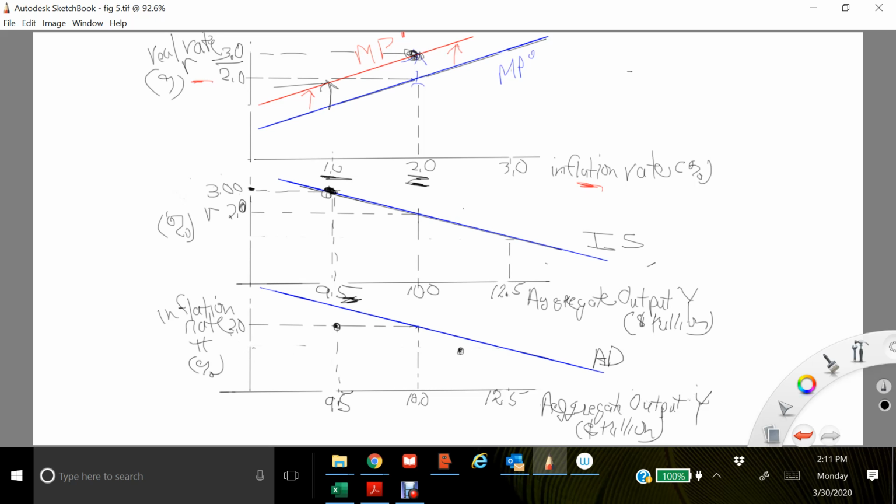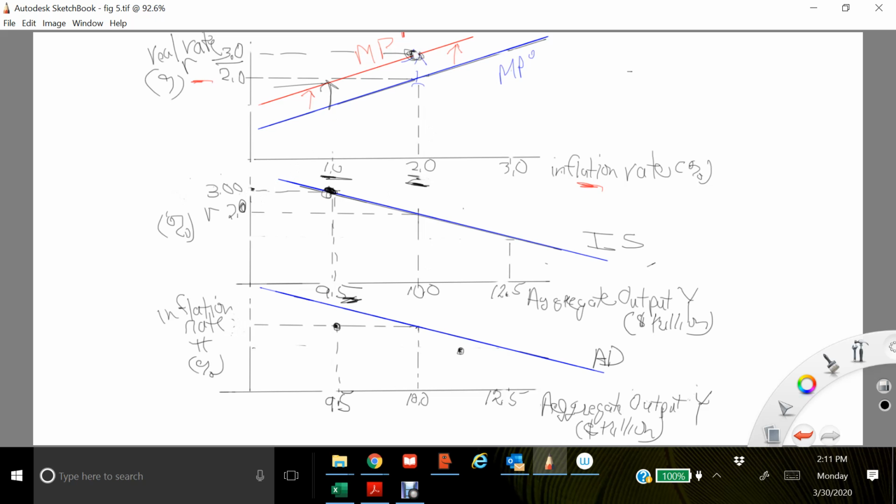Why did I put a 3? Okay, let me back up. That's a little bit of a mistake. I'm not going to re-record this, but before, we had an inflation rate of 2%, real rate went to 3%.